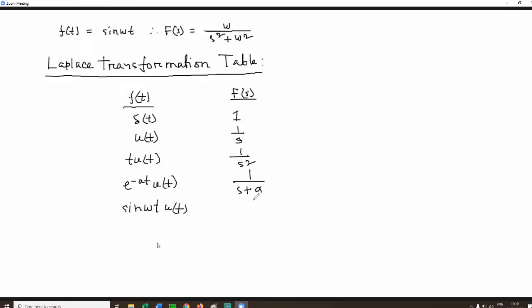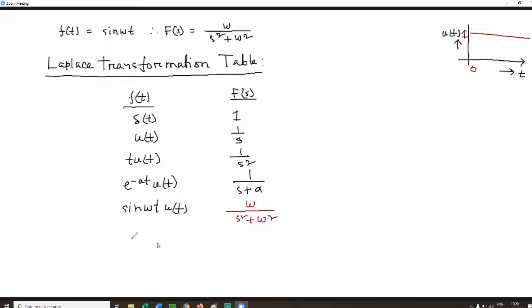If you represent it in a graph, we have time t here, and this is ut. The value of ut always remains 1 from time t equal to 0. So sine omega t ut equals omega by s square plus omega square.